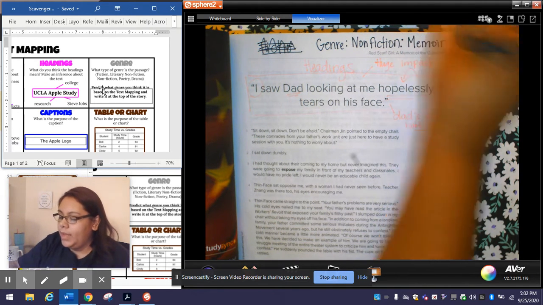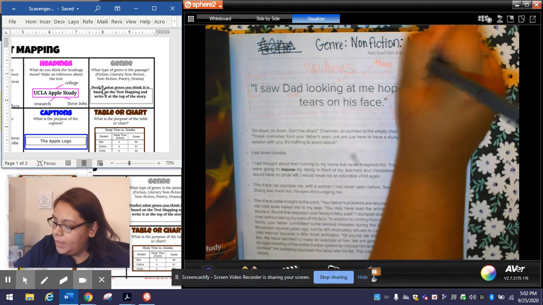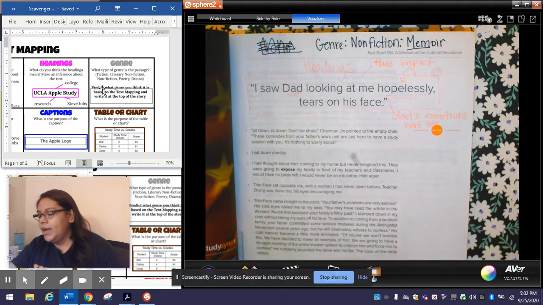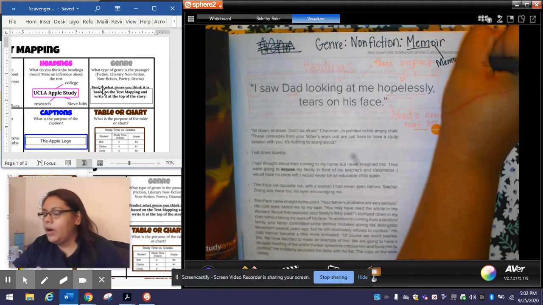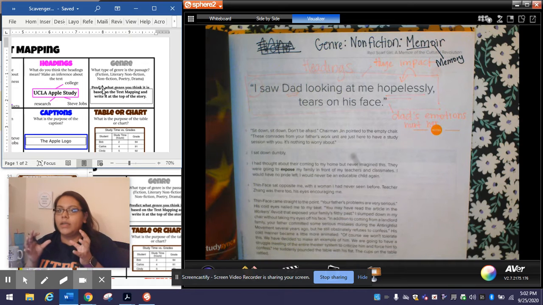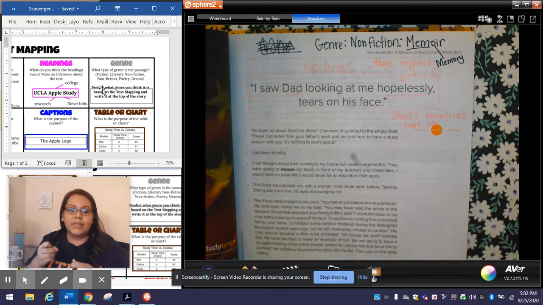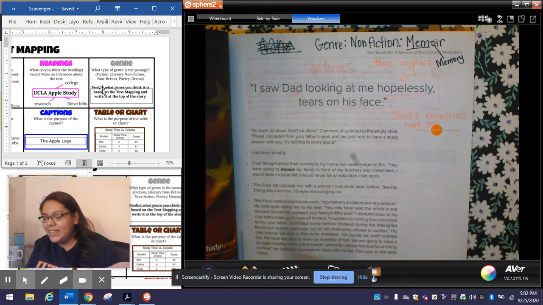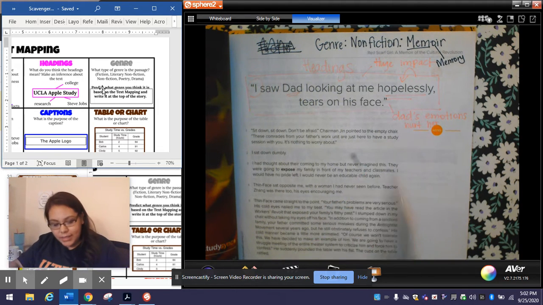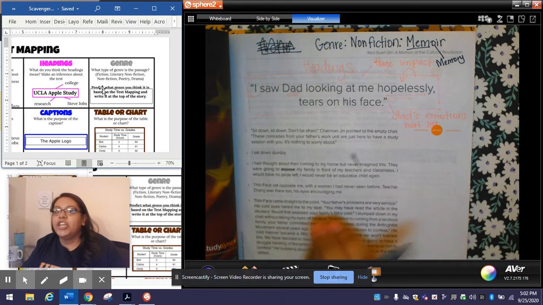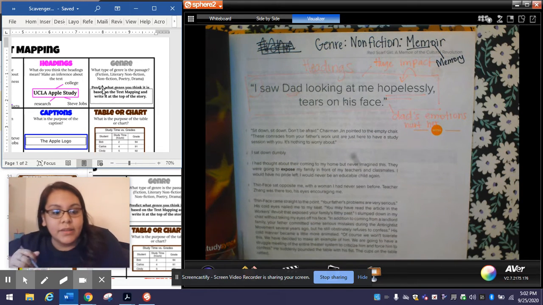If we see the MEMO, it kind of reminds us of memory. A memoir is a story about a slice of somebody's life. If I have a pizza and I take out a pizza slice, the story is about that pizza slice. It's important. And if we see again, I saw Dad looking at me hopelessly, tears on his face, this whole story had such a huge impact on the girl that's writing this. So it's obviously going to be an important story.